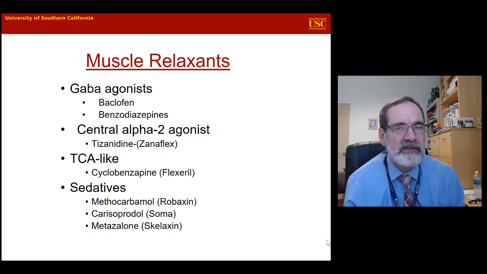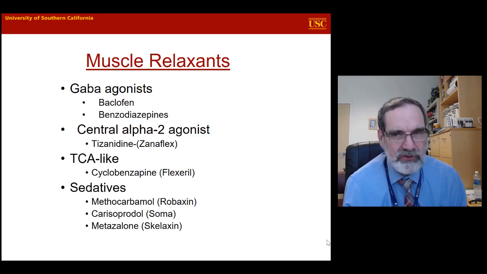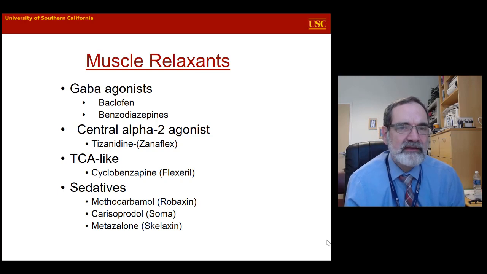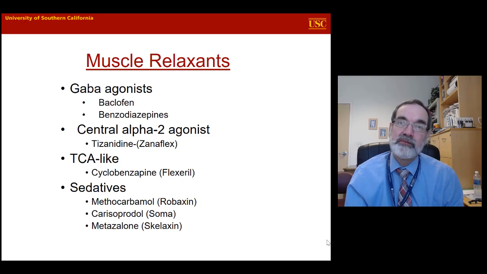This medication, tizanidine or Zanaflex, binds to the alpha 2 receptor, activating it. Then tricyclic antidepressant-like medications, Cyclobenzaprine or Flexeril. Its chemical structure is basically the same as the tricyclic antidepressants.